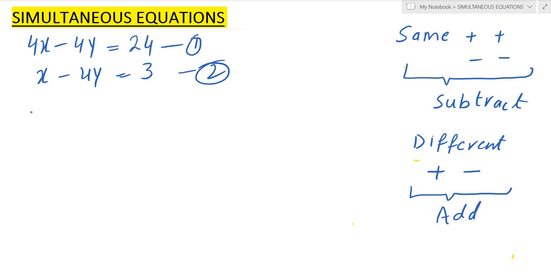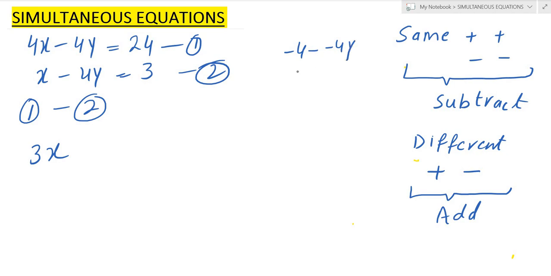So I'm going to do equation 1 minus equation 2. So 4x minus 1x is going to be 3x. Now this is minus 4y, so we're going to take away minus 4y.